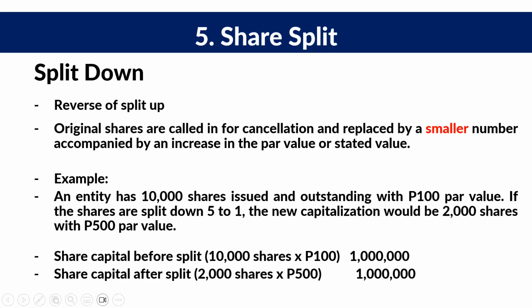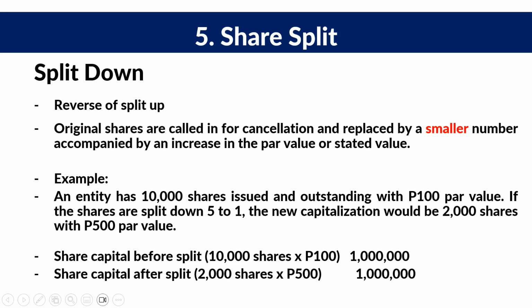Next is split down. This is the reverse of split up. Here, the original shares are called in and replaced by a smaller number, accompanied by an increase in the par value or stated value. So you will have fewer shares in a share split down. An entity has 10,000 shares issued and outstanding with 100 par value.